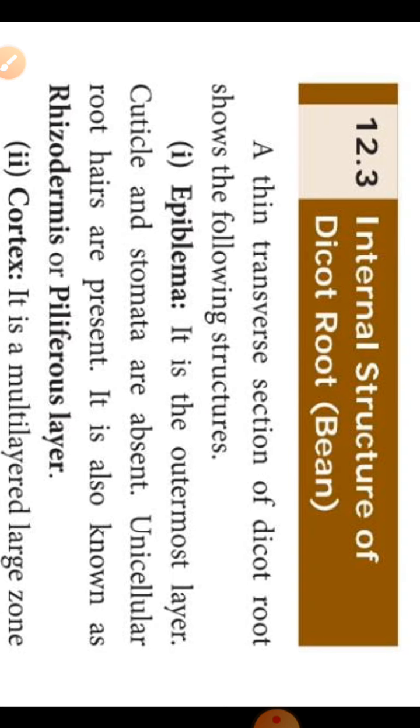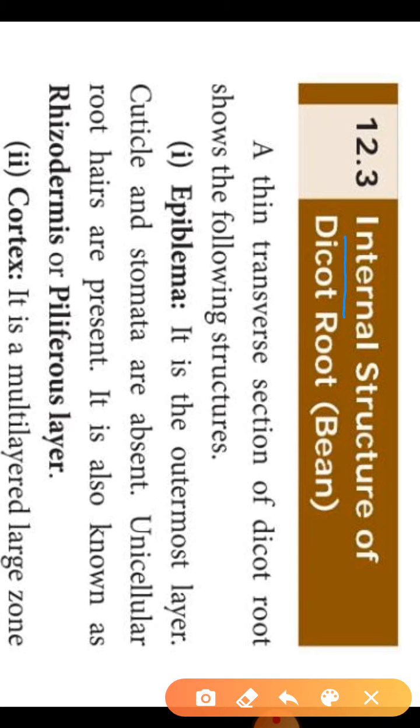Yes, write the meaning, my dears. Internal or interior. Structure or construction, which means arrangement. Okay, let's come.